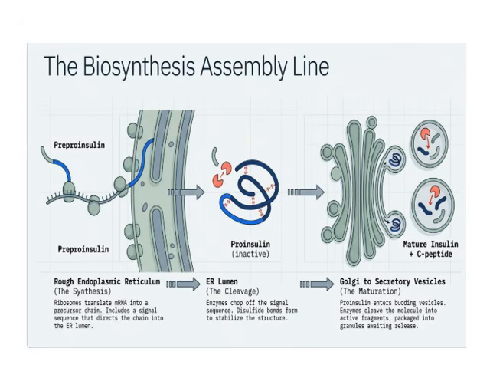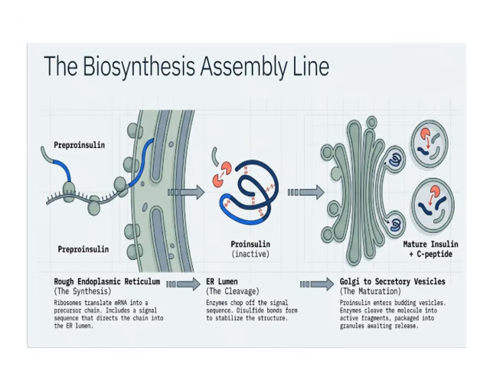This figure shows that translation occurs at the ribosomes, where the signal sequence directs the chain into the endoplasmic reticulum, and inside the lumen enzymes chop off the signal sequence and disulfide bonds form to create a stable proinsulin structure.